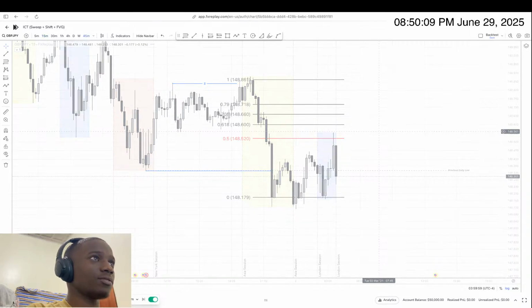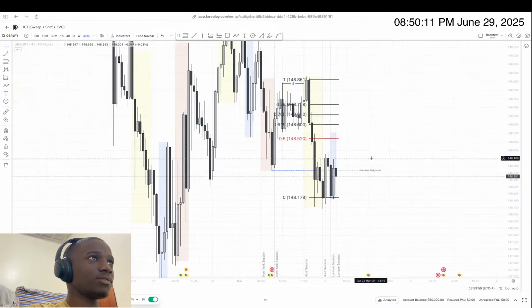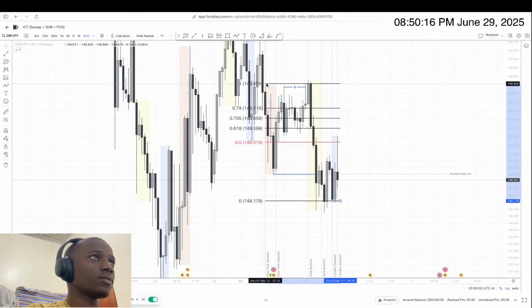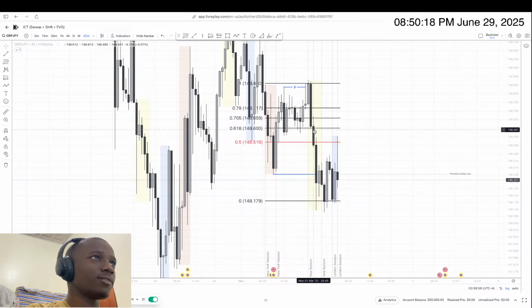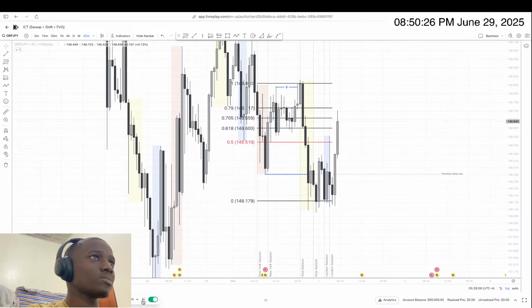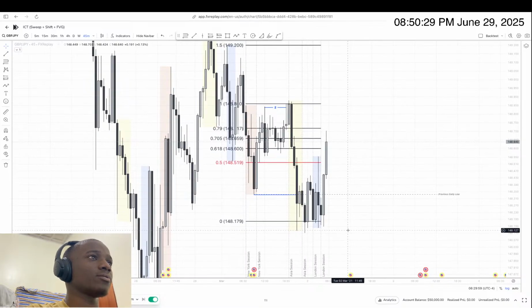Now let's go to 45 minute, see if it will be even more clearer. Now let's see if we can get also into this gap where we touched it by a few bits, then started dropping. Right. So now I can see that we have a full retracement there.